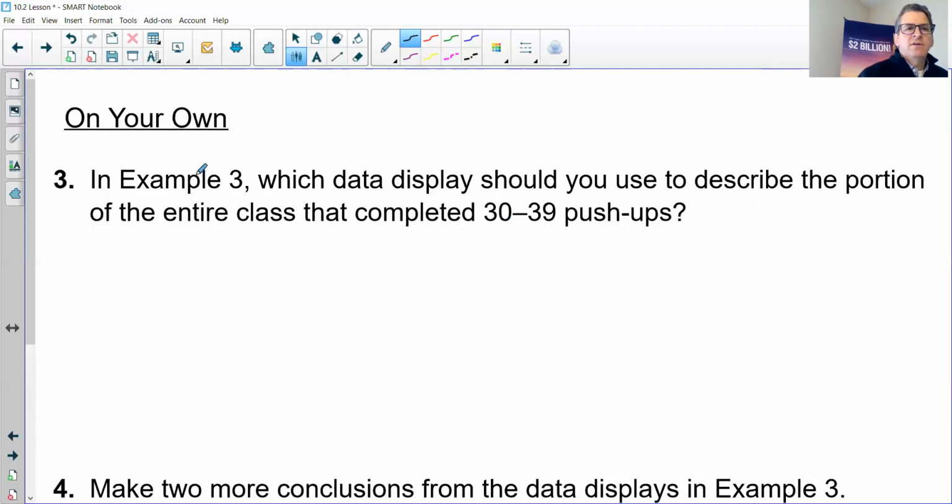In this case, you're going to use the circle graph, because for 30 to 39, it gives 24%. They're looking for describing the portion of the entire class, and that would be 24% of the class.